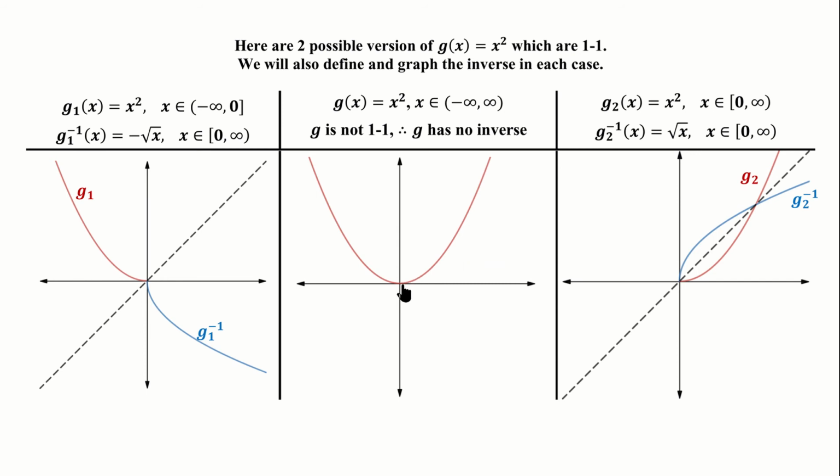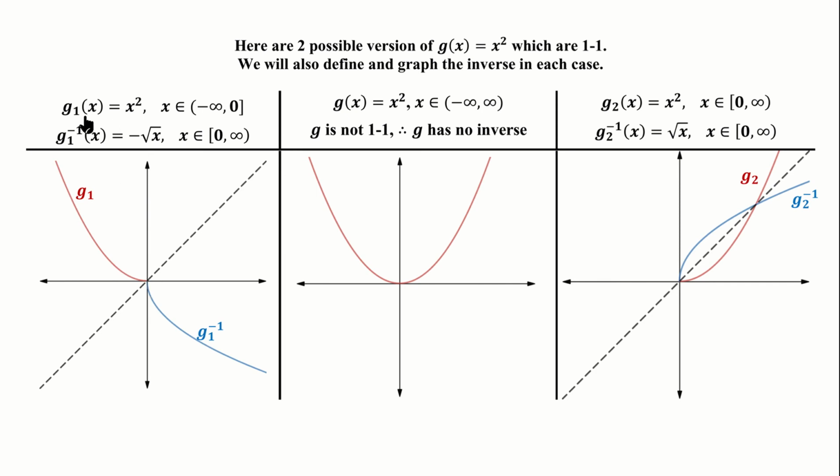However, if I were to restrict myself to only looking at the part to the right of the y-axis or the part to the left of the y-axis, such as we are looking at here, then we would obtain two new functions with restricted domains that are one-to-one.